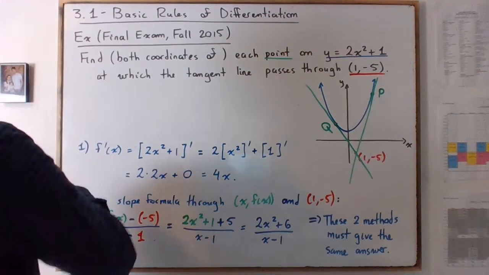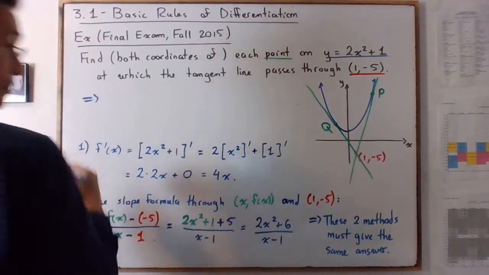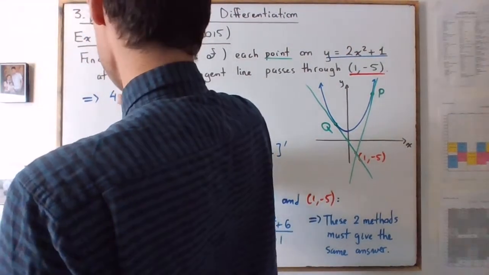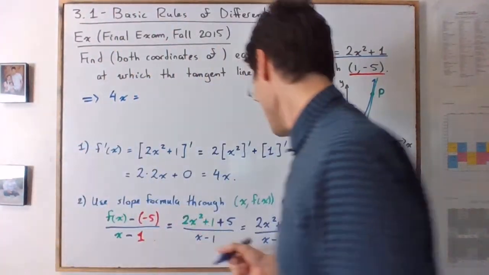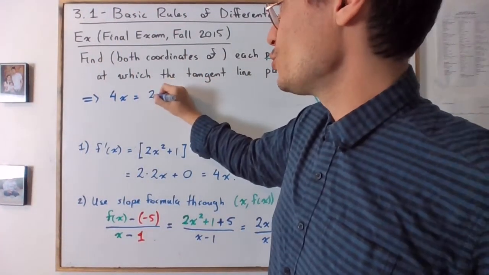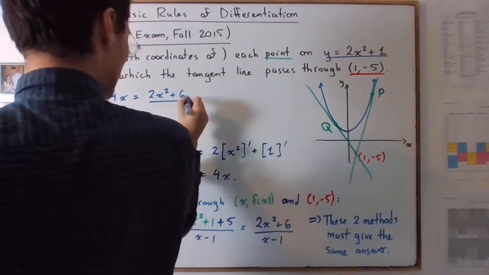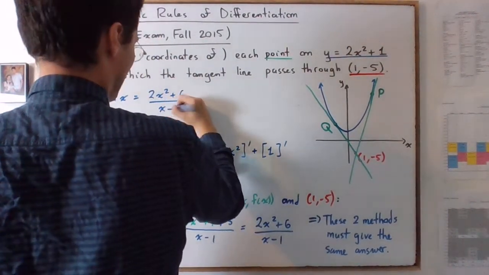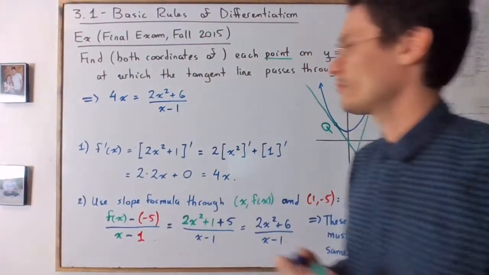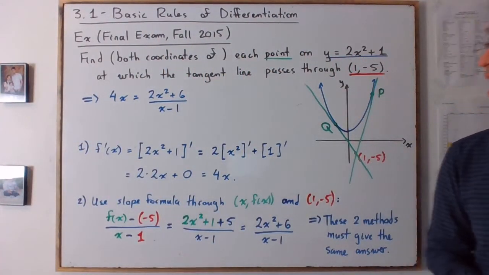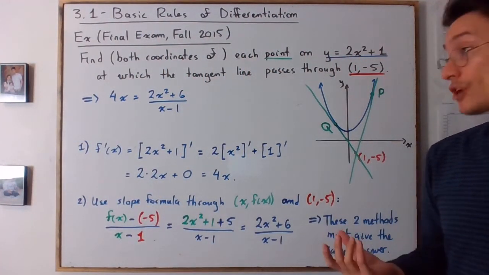So it means that you set method number 1, which is 4x, equal to method number 2, which is 2x squared plus 6 over x minus 1. And from there, you solve.